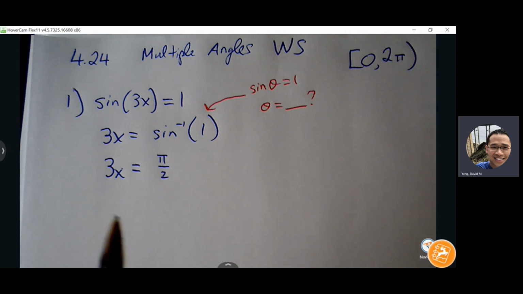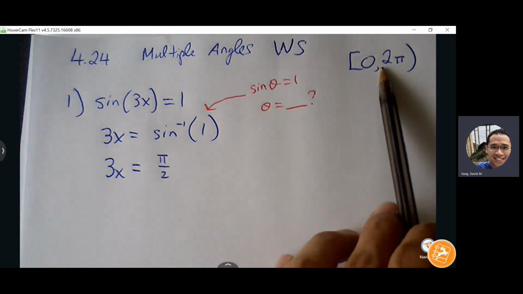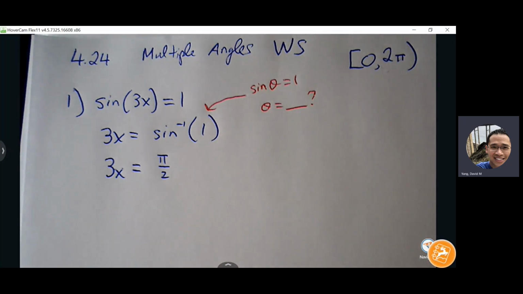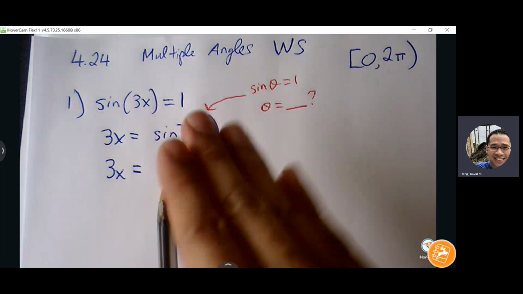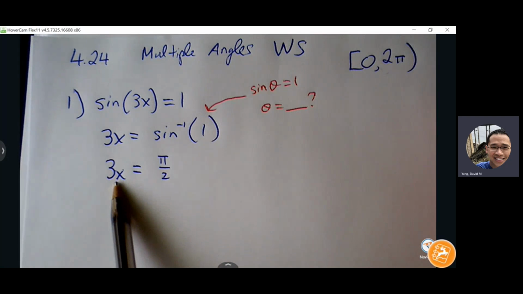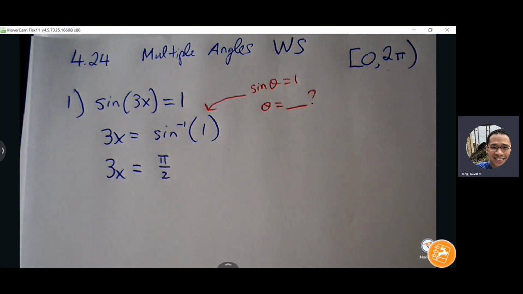And if they shrink, that means there are more solutions that we can be looking for outside of 2 pi, because we want our solutions to all be there after the shrink happens. So I'm going to keep adding 2 pi to this so I can go past the 2 pi mark. So when I divide by 3, I can get all the solutions that will exist after the reducing.